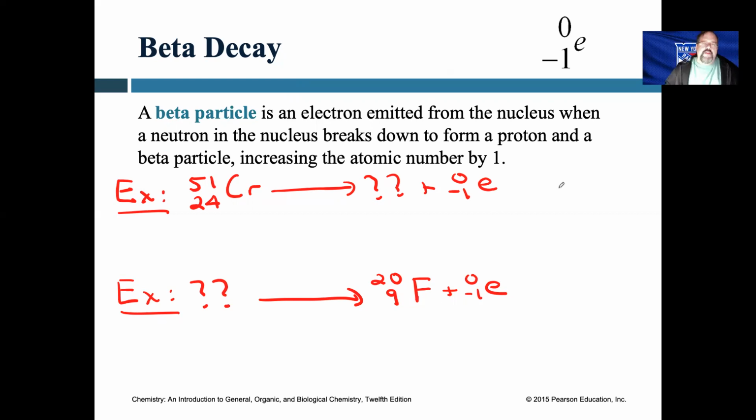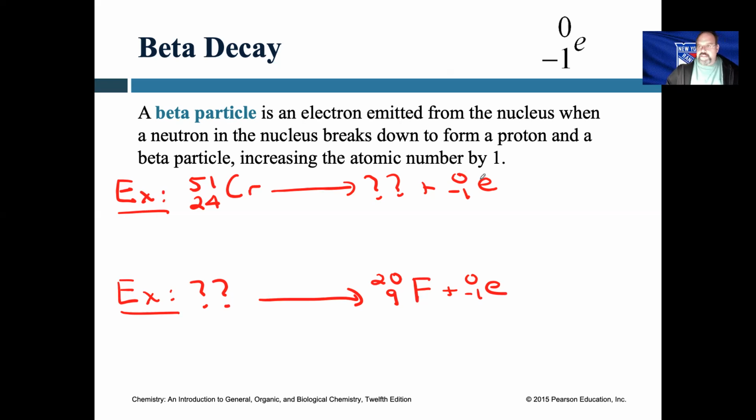And the reason why that works out that way is because you're breaking down a neutron. So it'd be 1 less, but you're forming a proton. So essentially the mass number goes down by 1, but then it goes back up by 1. So it stays the same.